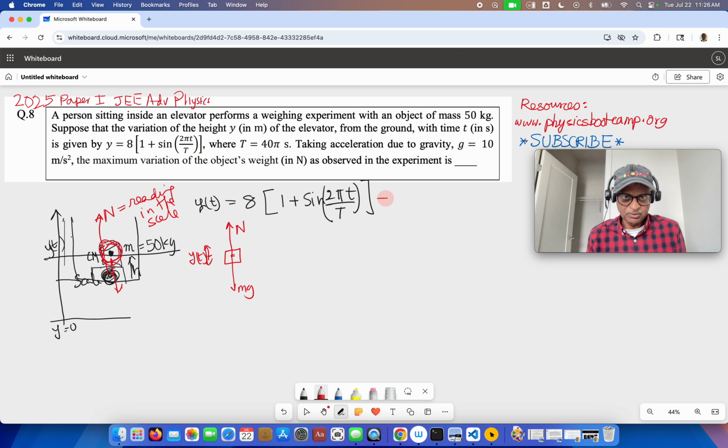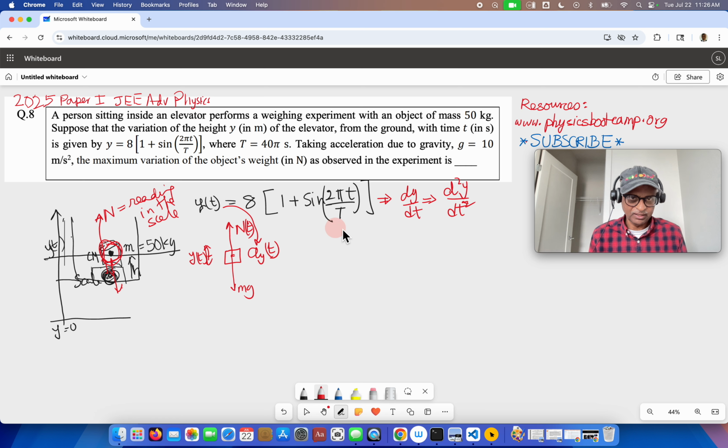So this means we have dy/dt, it will give you the y velocity. If I take another derivative, d squared y over dt squared, it's going to be the acceleration of this thing. So from this, at any time we'll get the equation of motion, and this n will change according to that.